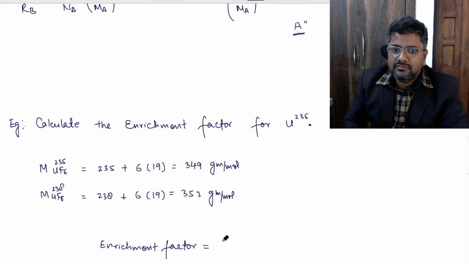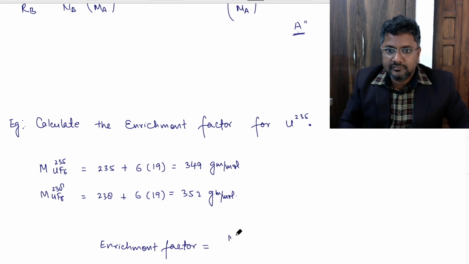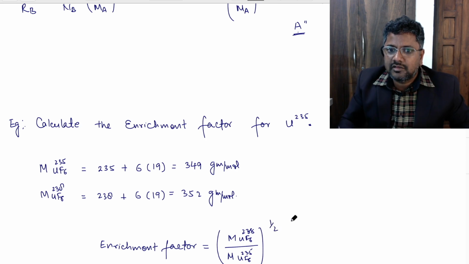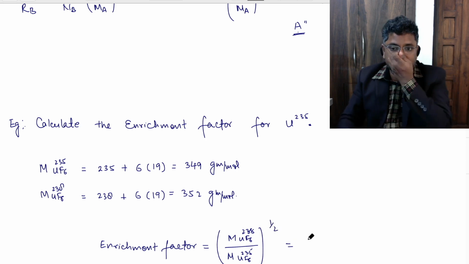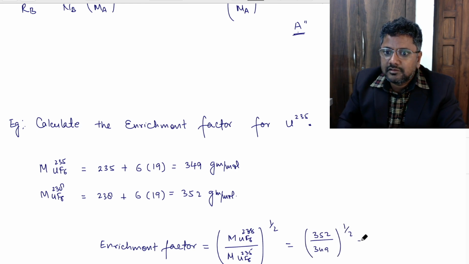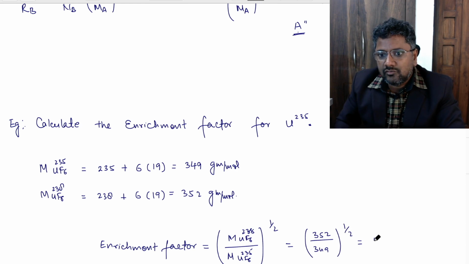So the enrichment factor is equal to the molar mass of UF6 238 by the molar mass of UF6 235, to the power 1 by 2. So this is equal to 352 by 349, which is equal to 1.0043.